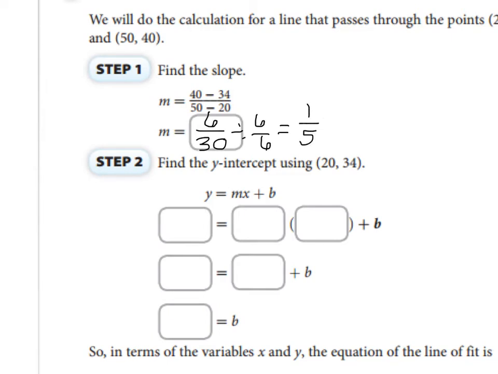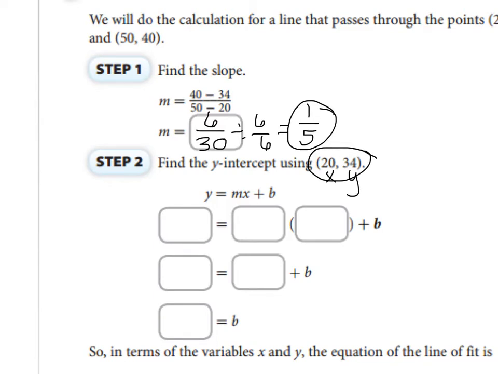Then, just like we did a couple sections ago in Module 6, you take your slope, you take one of the 2 points, and again they're telling us to use (20, 34). Remember, it wouldn't matter if you use the other one, because it would come out to be the same thing since they're on the same line. And we start plugging it into y equals mx plus b. 20, that's our x. 34 is the y.